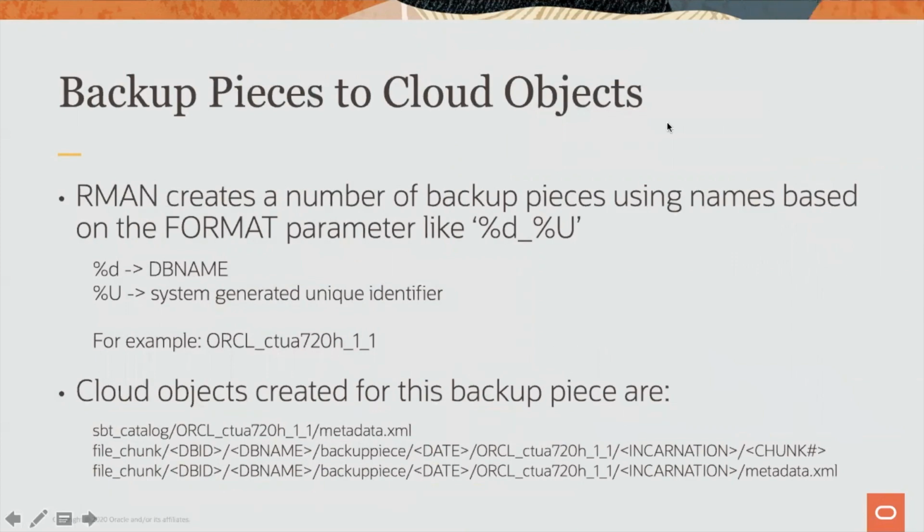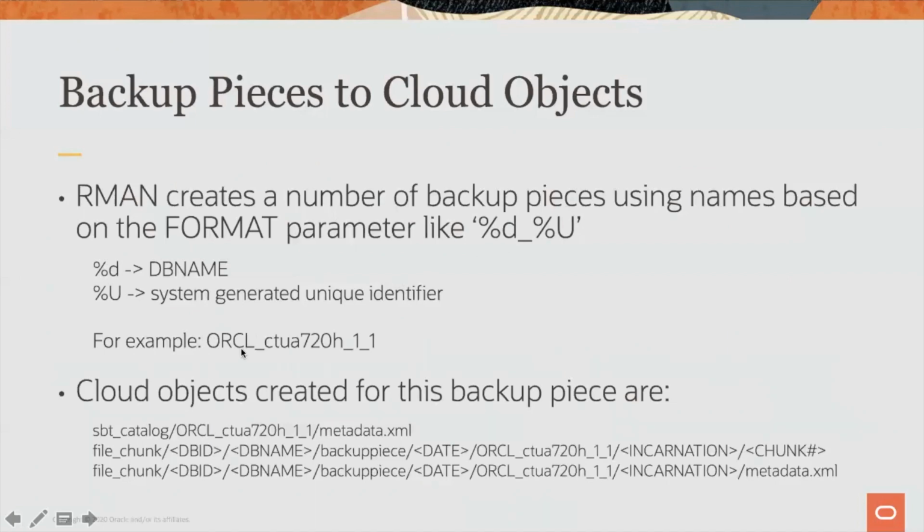So when libopc sends backups to the cloud, it uses, as I mentioned, backup sets. So it uses a format parameter, again a standard RMAN parameter, to determine how the backup piece name looks. And the parameter that we usually recommend is this one, percent small d, percent uppercase U, and this generates a backup piece name that looks more or less like this.